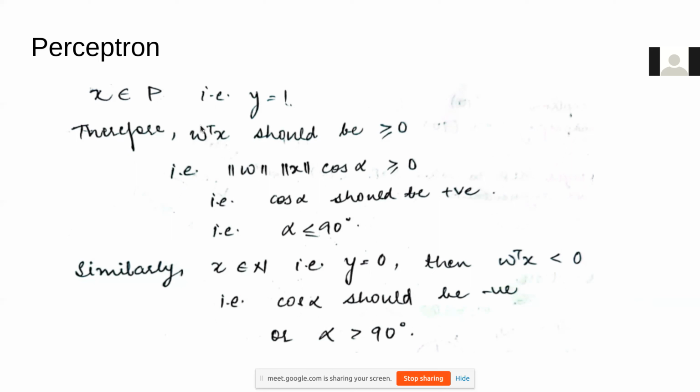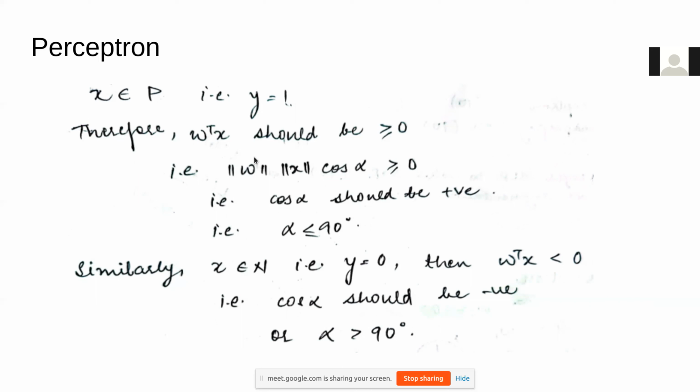So now, assuming that this is the data point X, this is the true label, and the model has correctly classified it. In that case, W transpose X should be greater than or equal to 0, which can be written as norm of W into norm of X into cos alpha, where alpha is the angle between the vector W and X, to be greater than or equal to 0.